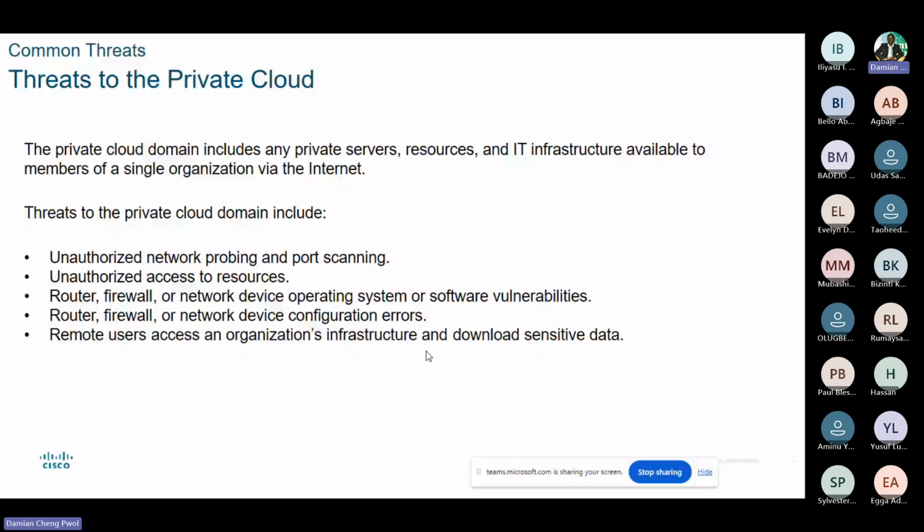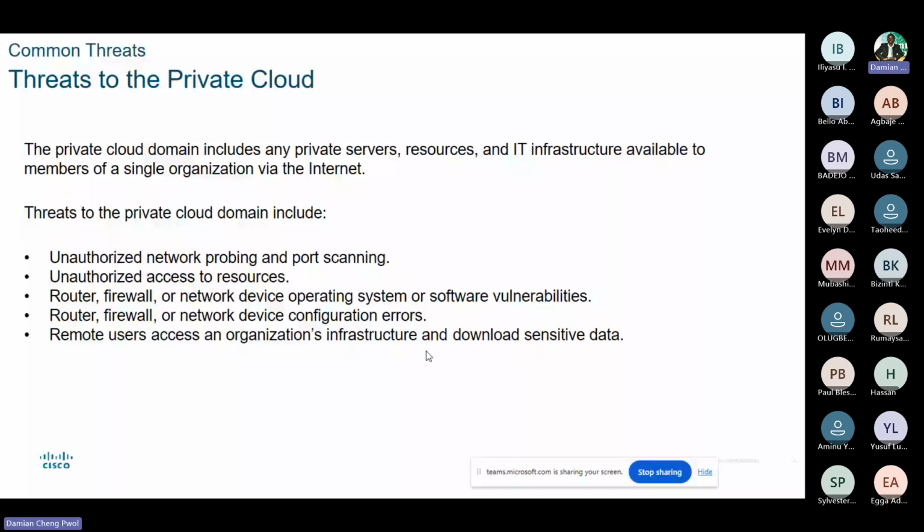I asked a question earlier, and I believe we all know what we mean by local area network. And if we do, I believe you all know what we mean by router, firewall, and probably switches. I hope we all know that.